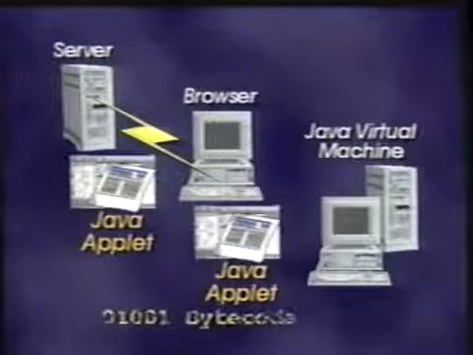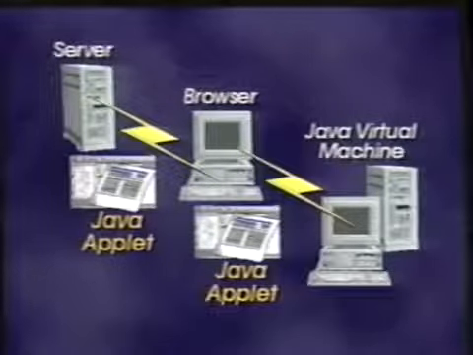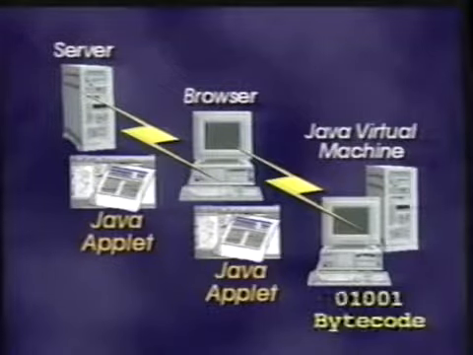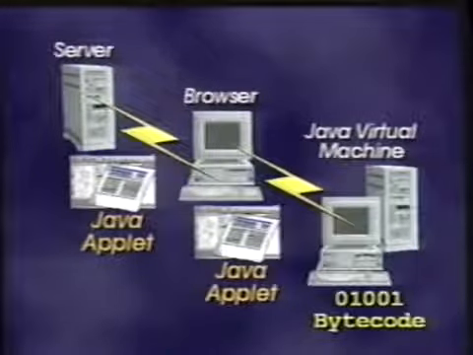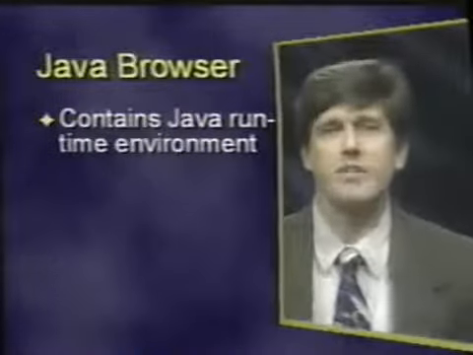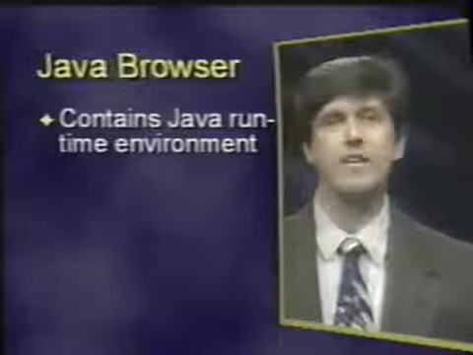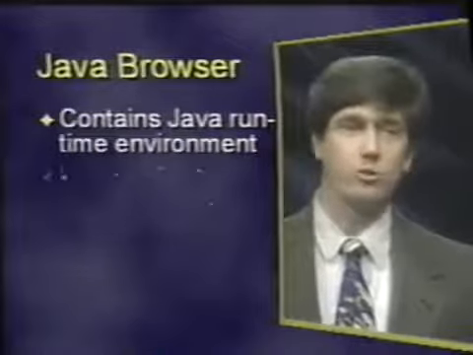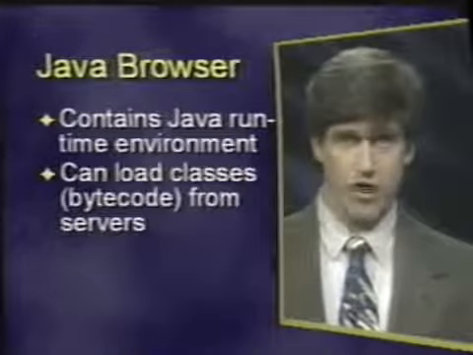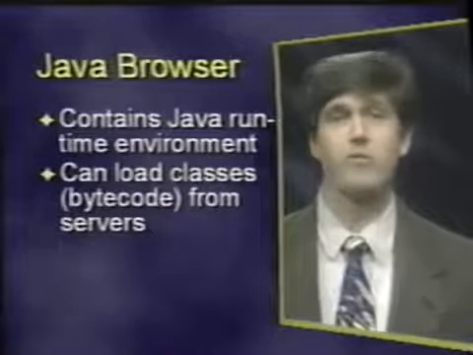It grabs the bytecode for that applet, and then it executes it on a virtual machine, a Java virtual machine. So the browser has its entire runtime environment included as part of itself. It's part of the browser application. And the browser knows how to load classes, or the Java bytecodes, from network resources, to load them from web servers.